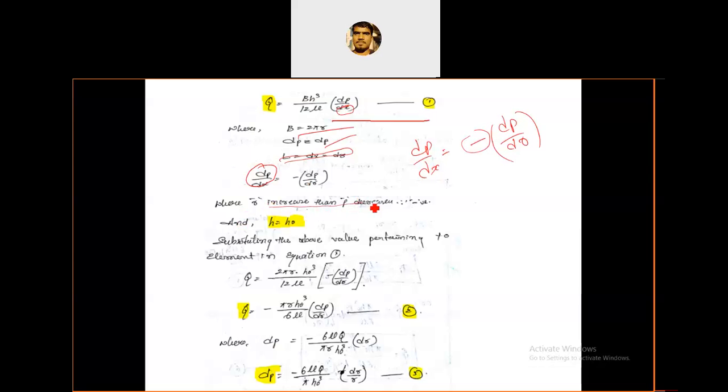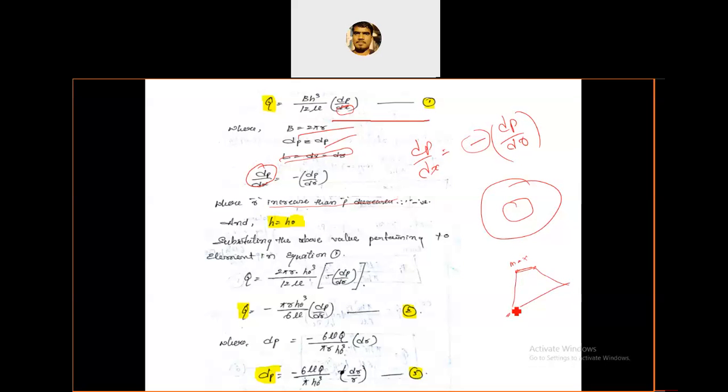See, the pressure is decreasing. This is the inner radius. There are two radii, inner radius and outer radius. At the inner radius the pressure is maximum, correct? Inner radius pressure is maximum because it is directly connected to the inlet. When the radius increases, what happens to the pressure? When the radius increases, pressure gradually decreases.